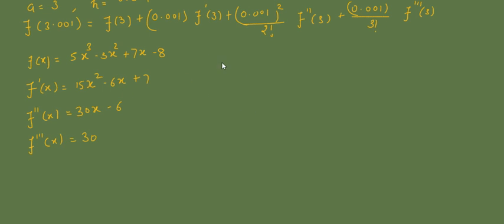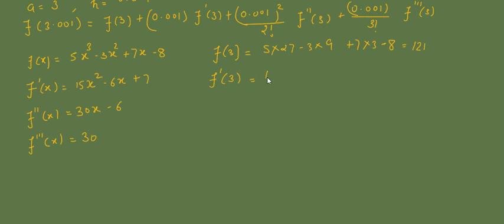Now compute these values at 3 because a is 3. So this will be 5 into 3 cube, that is 27, minus 3 into 3 square, that is 9, plus 7 into 3 minus 8. So this comes out to be 121. Now compute the first derivative at 3.